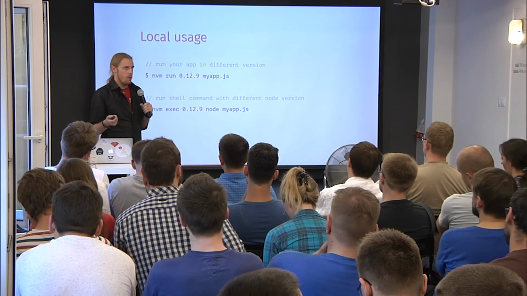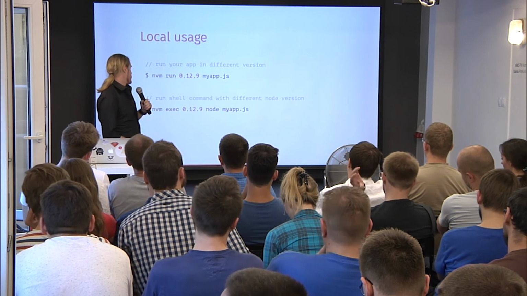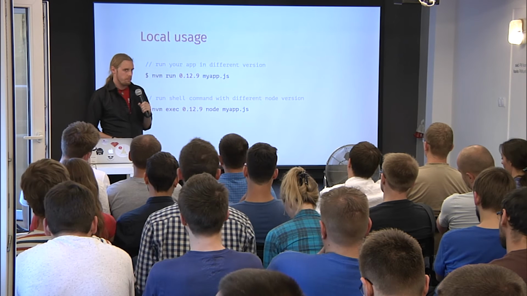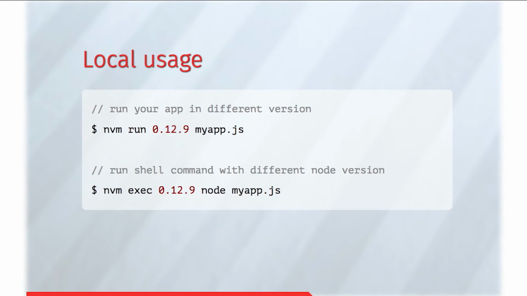But you can also use the exec flag to run any, for example, bash script, or any bash command, and this bash script will have access to that Node. So it will think it uses Node 0.12, but in fact, in your whole operating system, there will be a newer or older version of Node. It will not change it.